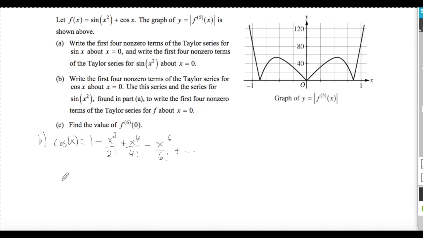All right. Now, it says we did the Taylor series for cosine of x about x equals 0, first four non-zero terms. Use this series for sine of x squared we found in part A. So I should write that one down again.